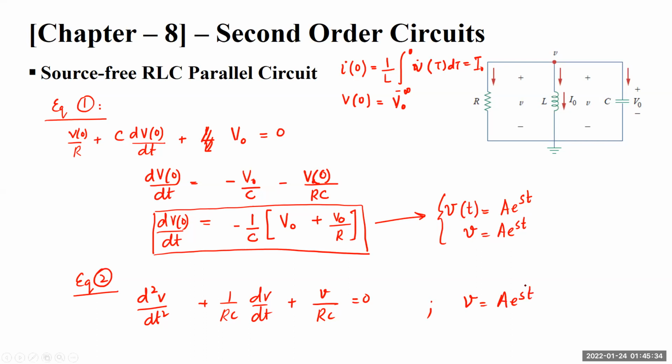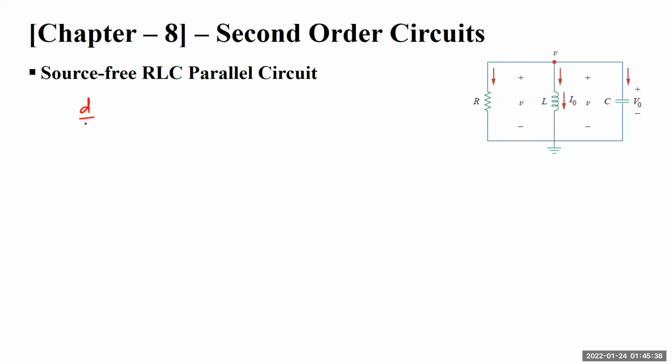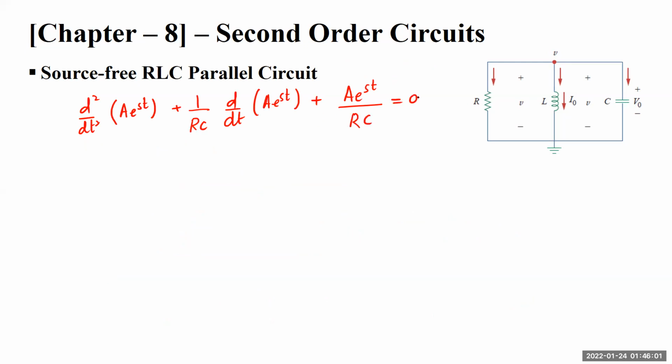Using this equation and the solution, what we get is d squared by dt squared of A e^(st) plus 1/RC times the derivative of A e^(st) plus A e^(st) divided by LC. Now simply differentiating, we get A s squared e^(st) plus A s e^(st) divided by RC plus A e^(st) over LC equals 0.